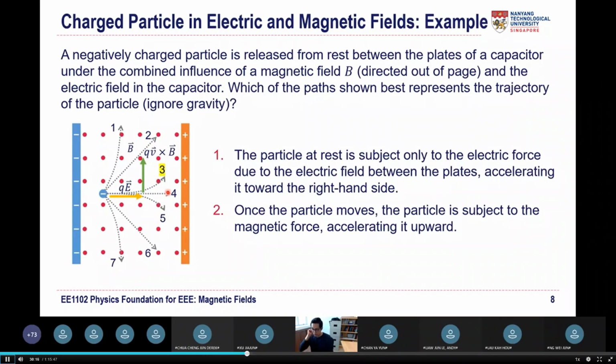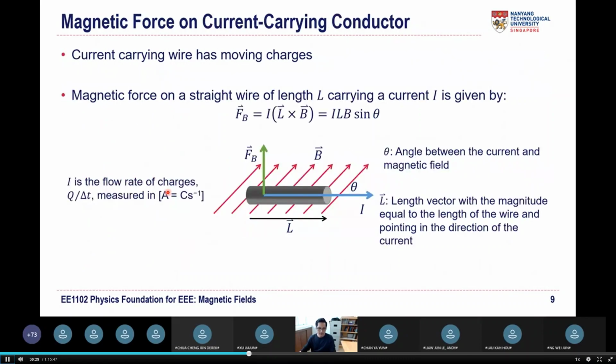So any questions up to this point? Okay. So since a moving charge was subject to force when it was under the influence of a magnetic field, then if you have a current carrying wire, current carrying wire means there's a continuous flow of charges, right?